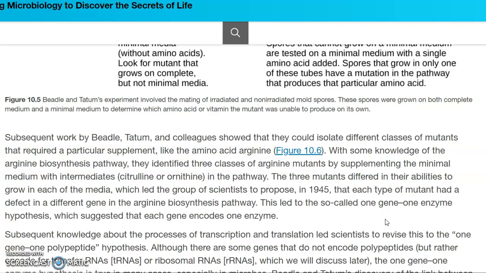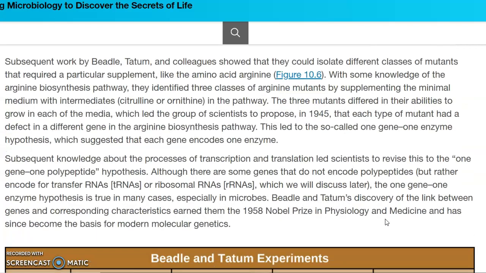And these proteins are what make living organisms what they are. So although there are some genes we know now that don't really code for proteins, they code for other things, for the most part, this one gene, one protein hypothesis is true. And so that was Beadle and Tatum's work, and that led to their 1958 Nobel Prize win.